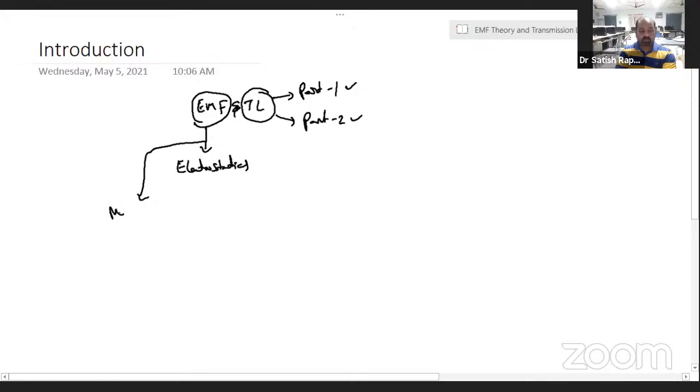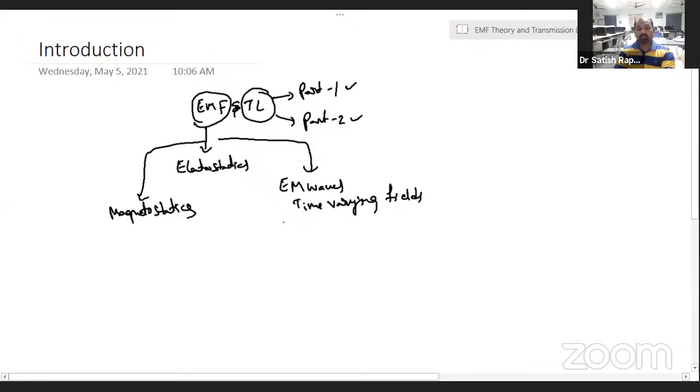and another one magnetostatics, and another one EM waves. In other words, time varying fields, electromagnetic fields or time varying fields.